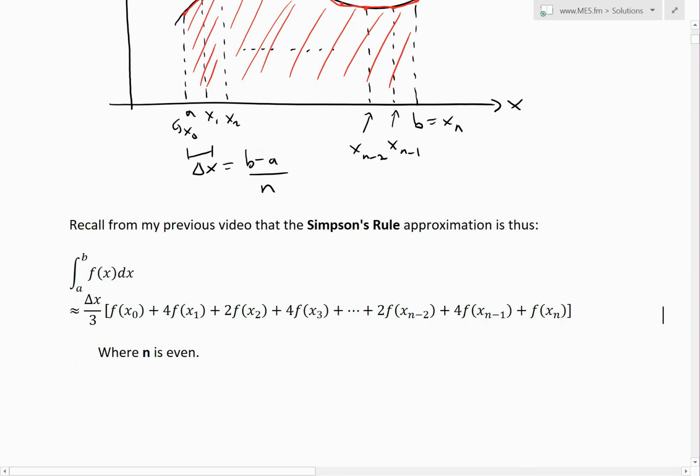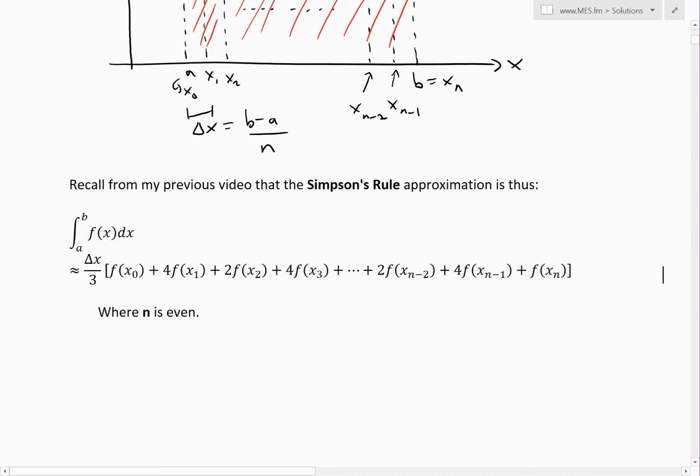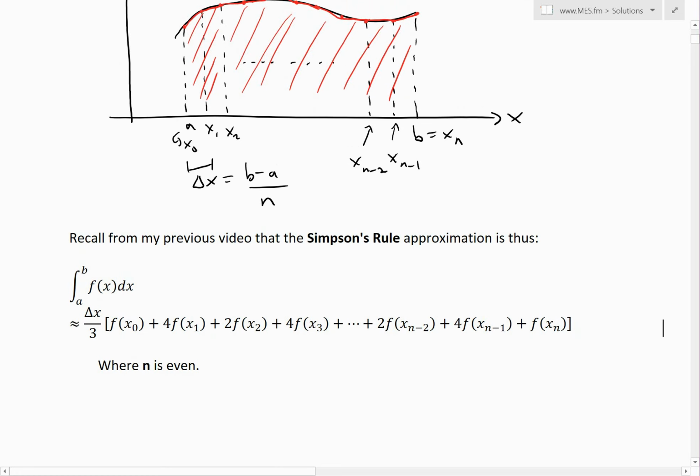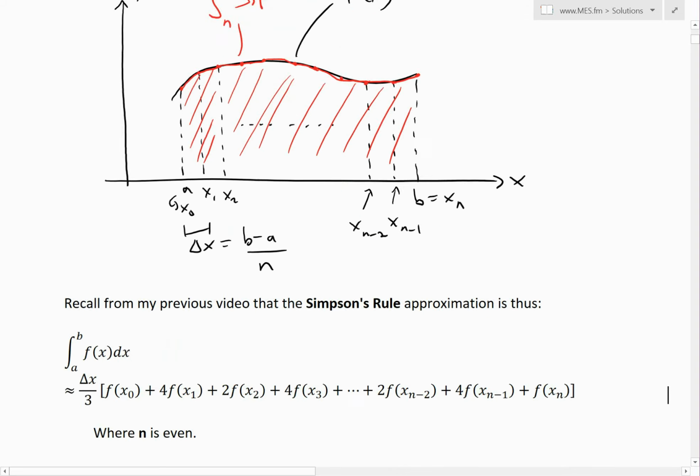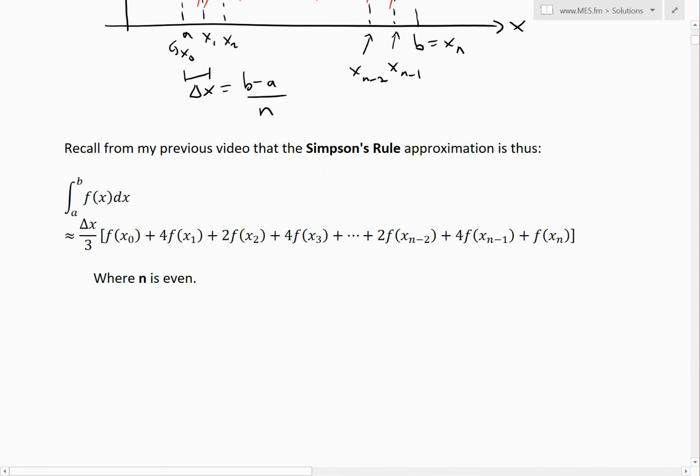Recall from my previous video that the Simpson's rule approximation, when you find the formulas for the parabolas, is something like this: the integral from a to b of f of x is approximately equal to delta x divided by 3 times f of x0 plus 4 f of x1 plus 2 f of x2 plus 4, and then 2 again.